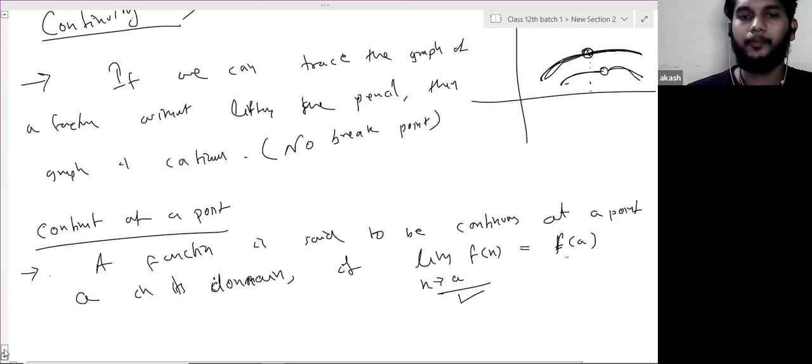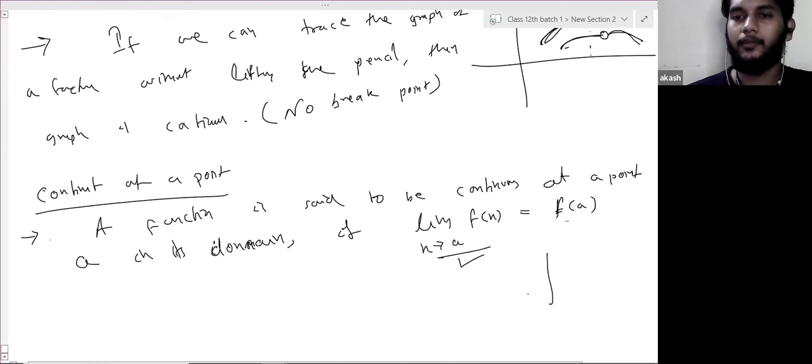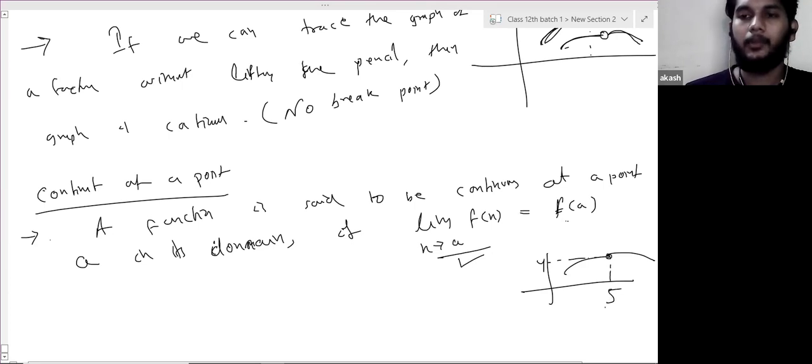What this means, if I draw a graph, suppose this point is 4 and this is 5, and there is an open circle here. If you find the limiting value, limit x tending to 5 of f of x, then the answer will be 4, right? The left hand side is 4 and the right hand side is 4.